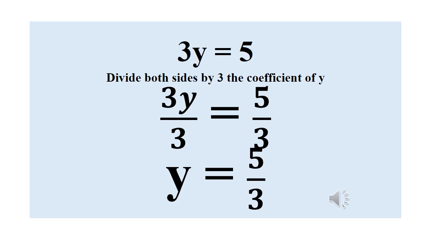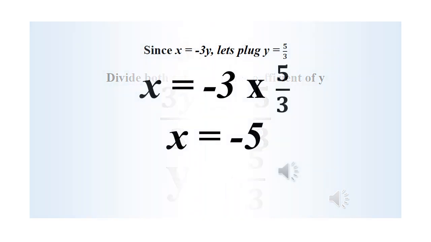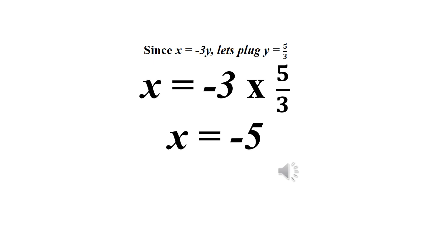So dividing both sides by the coefficient of y, which is 3, we have 3y over 3 equals 5 over 3, then y equals 5 over 3. So if we plug in y as 5 over 3 in x equals minus 3y, we have x equals minus 3 times 5 over 3, so x equals minus 5. So the value of x is minus 5, while the value of y is 5 over 3.